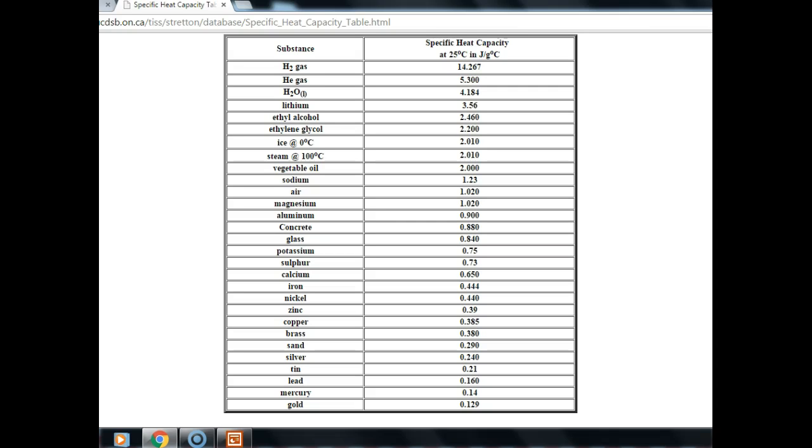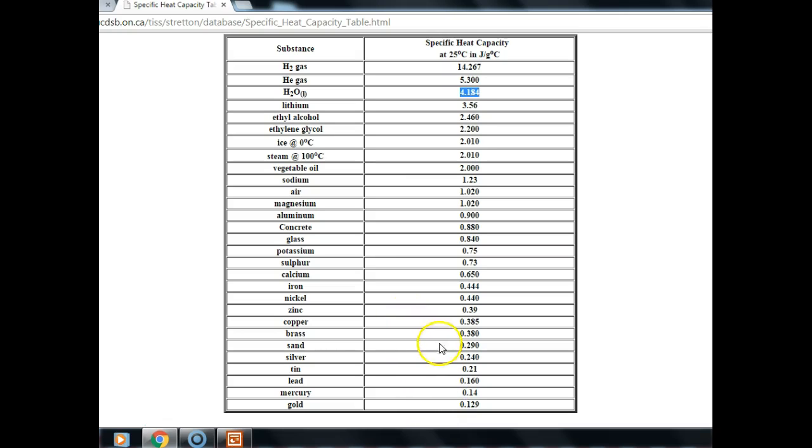If you have a higher heat capacity, you are more likely to stay at the same temperature for a longer period of time, depending on how much of the substance you have, because you need more energy to warm up your substance as well as to cool it down. If you look, you'll see that water has a very high specific heat capacity compared to your metals.